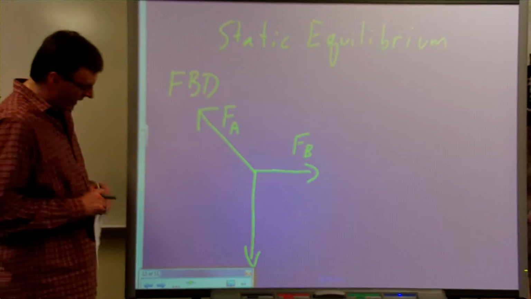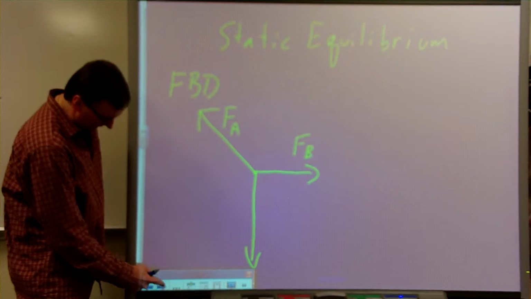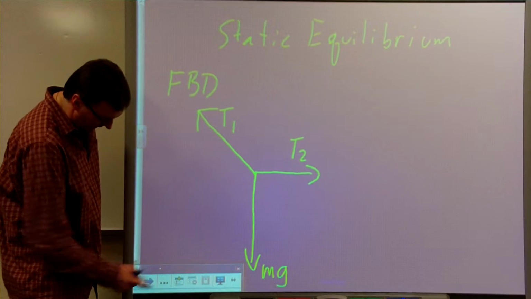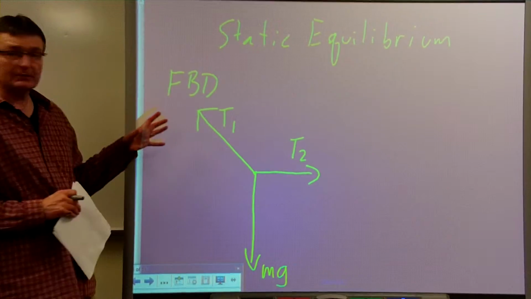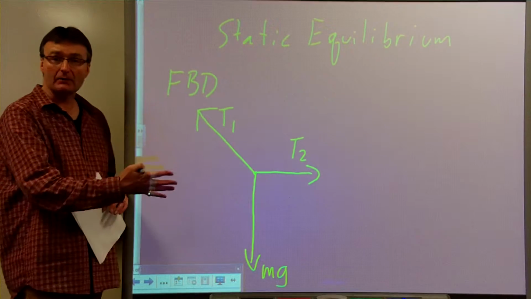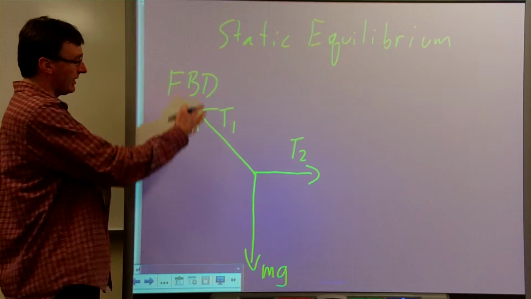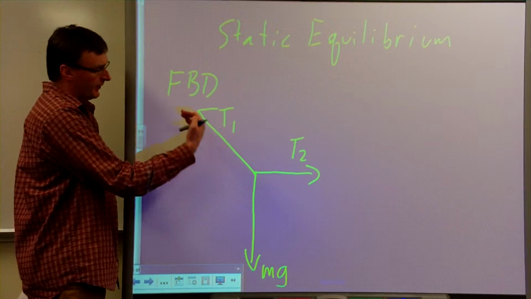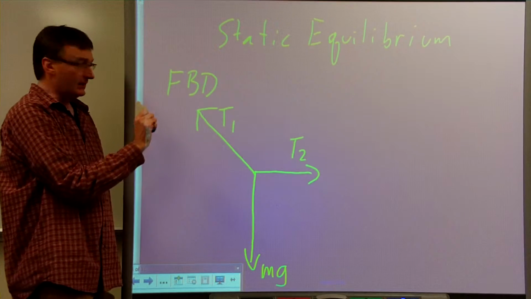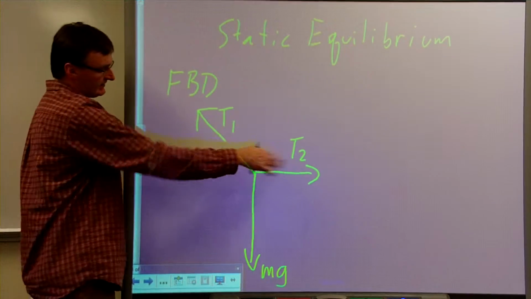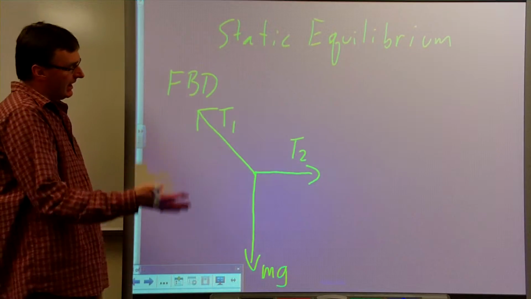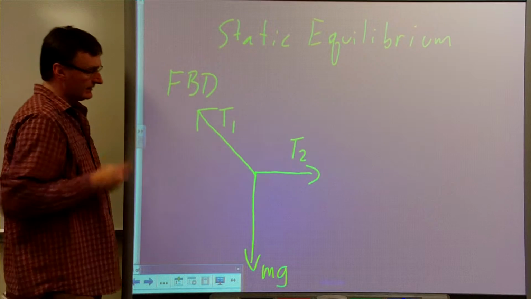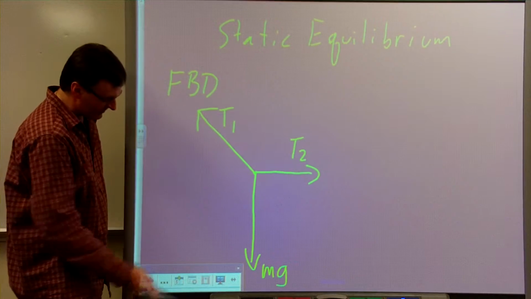I'm going to redraw this one because I didn't really like the type of drawing that they had there. I'll show you how I would draw this kind of thing with a free body diagram. First of all, I wouldn't use the uppercase F for these because these are indeed tensions, so I would use the uppercase T to represent tensions.